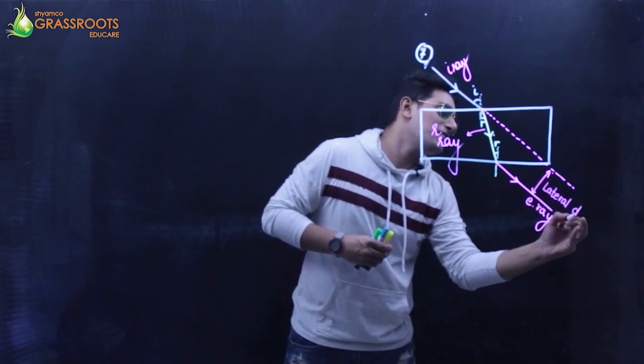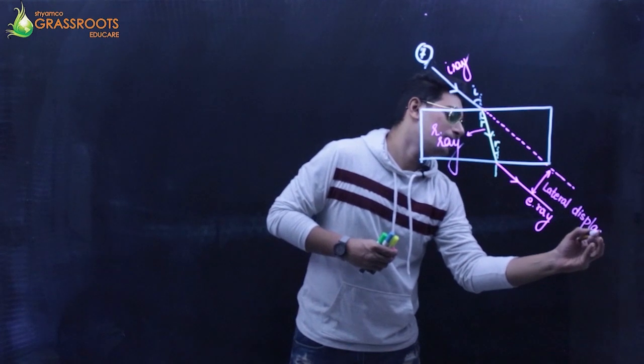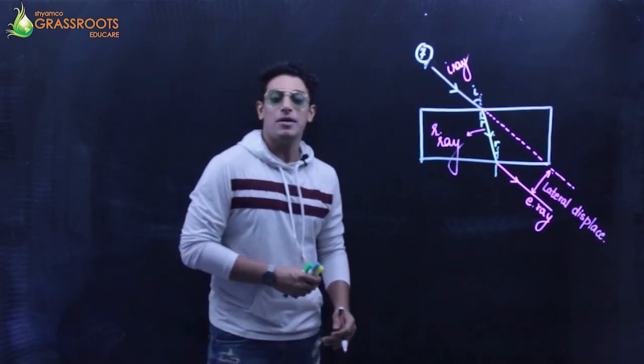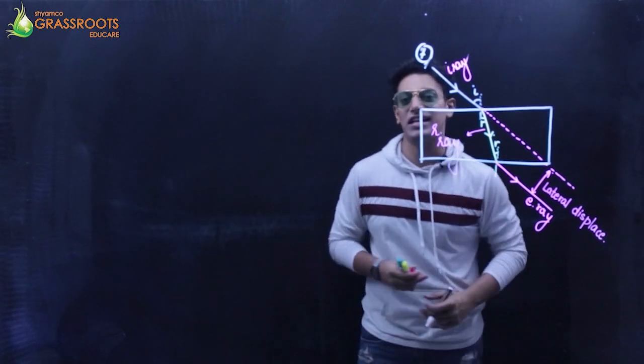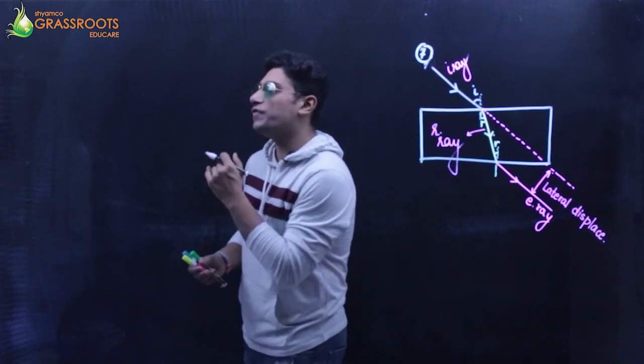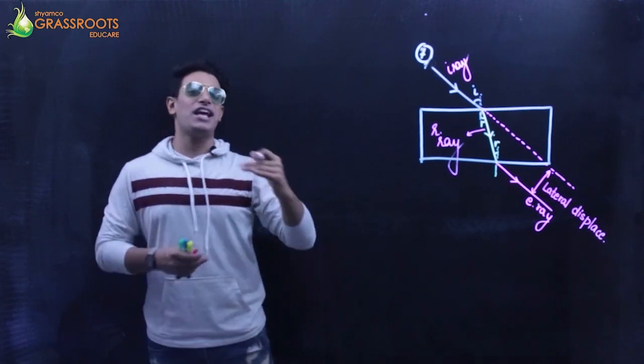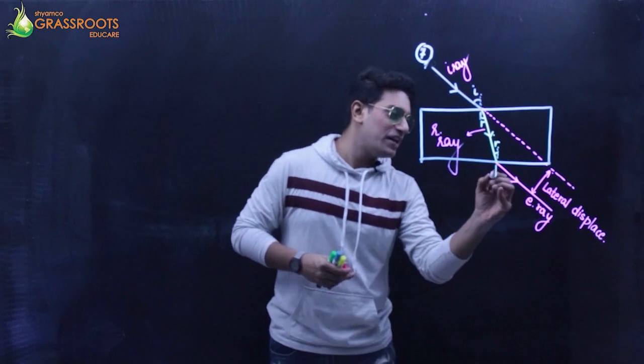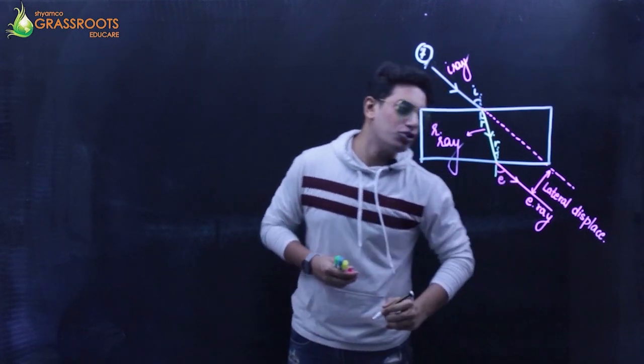Lateral means sideways displacement. So it is the distance between the actual emergent ray and the direction of the incident ray if that ray would not have gone forward. Right with this, guys? Perfect. And then, of course, this is called the angle of emergence.